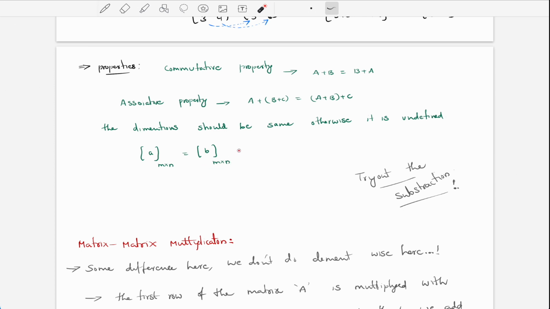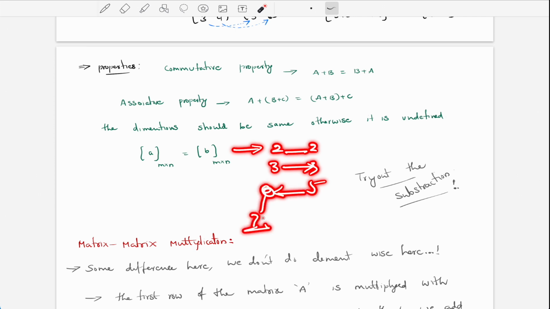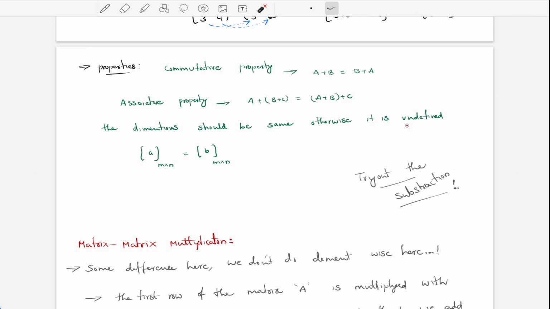As I told you in our vector lectures, if we add vectors of different lengths like 2 3 and 2 3 5, we don't have anything to pair with, so it becomes undefined. Same as here also. If matrix A has m into n and matrix B also has m into n, the dimensions match, otherwise it is undefined.